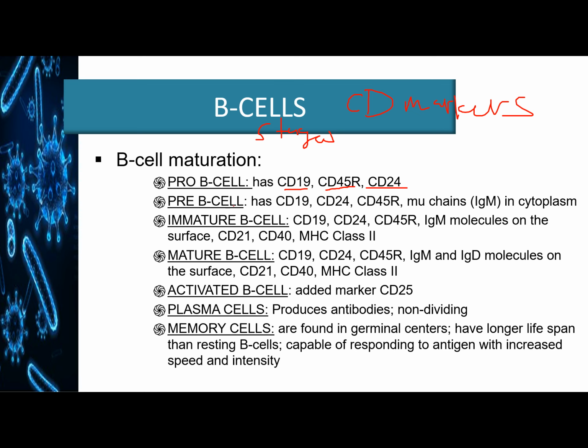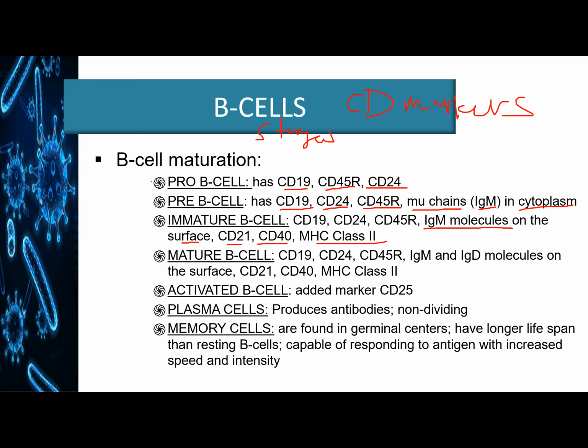We have your pre B cell. This has CD19, CD24, CD45R, and they would have mu chains or IgM in the cytoplasm. Then we have your immature B cell, class: CD19, CD24, CD45R, IgM molecules on the surface, CD21, CD40, and MHC class 2.